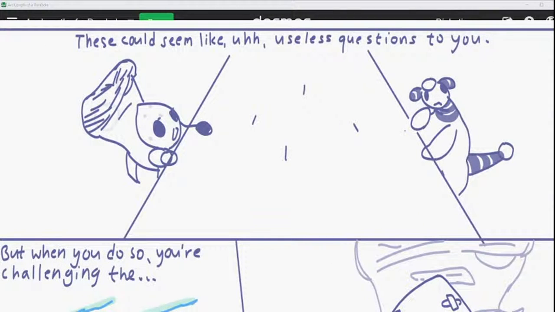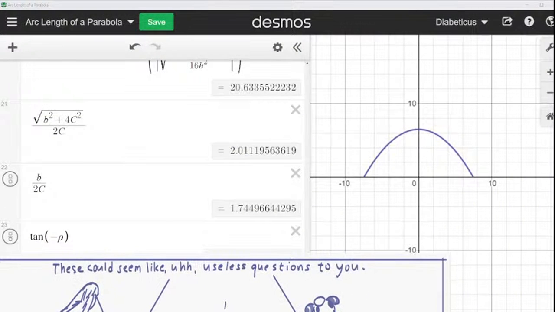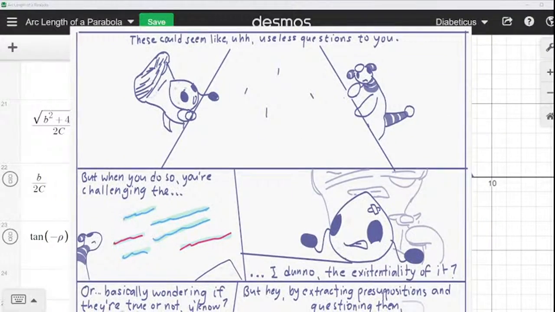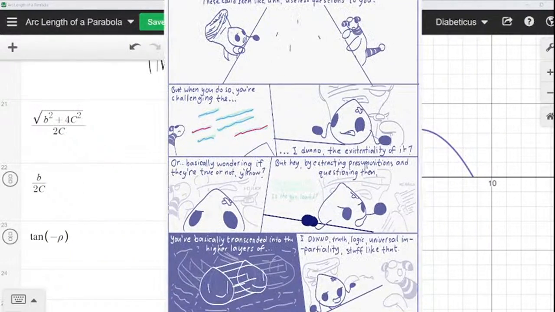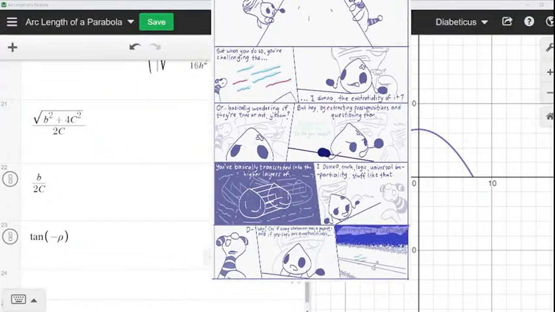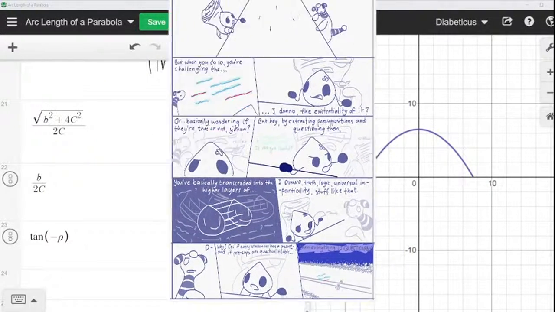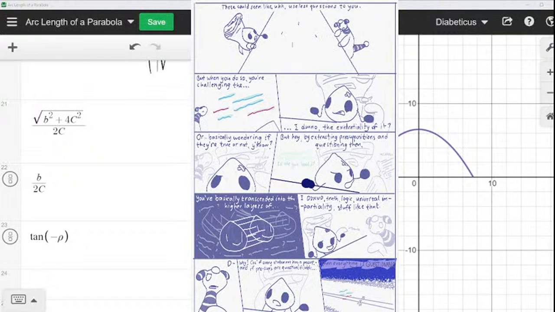Lately I've been drawing a lot of Pokemon comics also, but that'll be for another discussion. Pardon the background noise. I don't know if you want to read this. This is a long one. I don't know if this can fit to the resolution, but here it is. Here's a feature of what it looks like. I post almost every day. I will post one later on, but here we go.